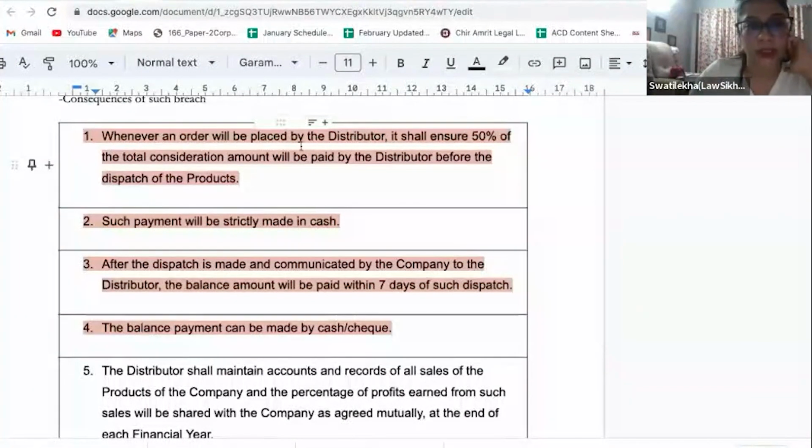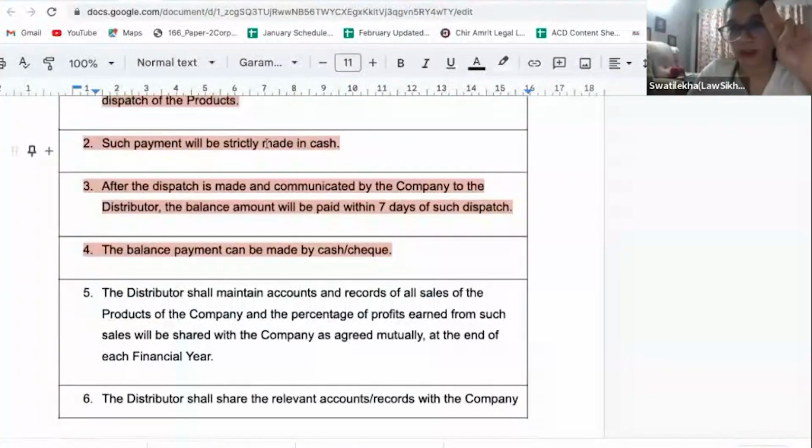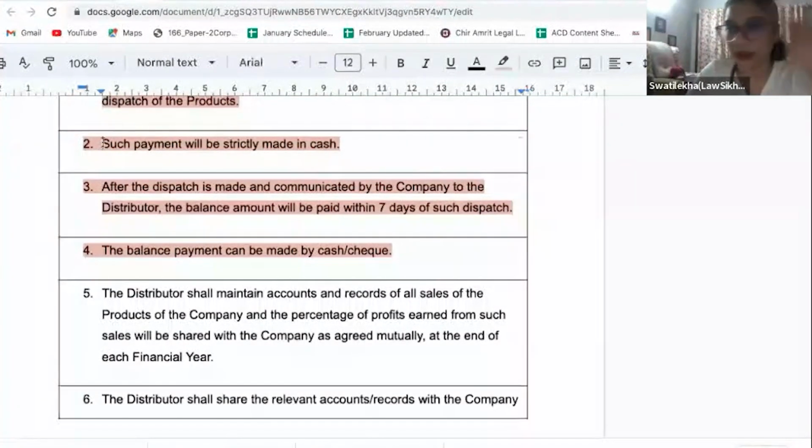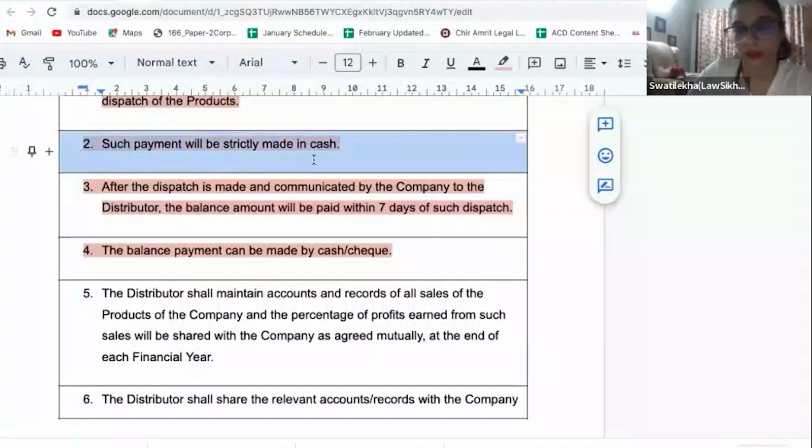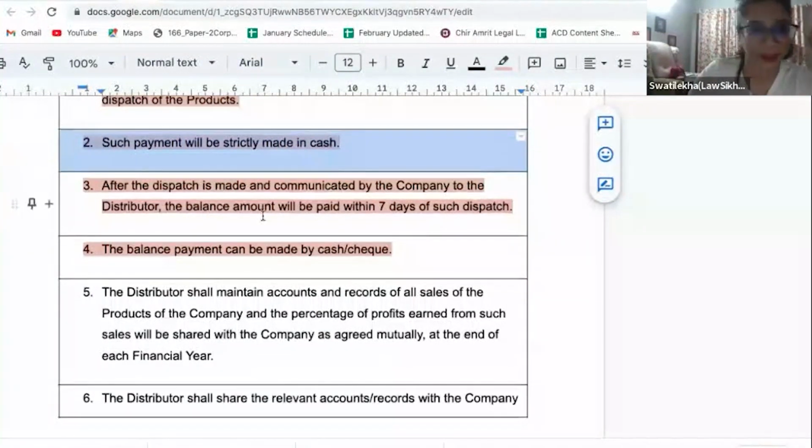First point: when an order is placed by the distributor, 50% will be paid as advance amount. Second: payment will be strictly made in cash. This practically doesn't happen, it means a black money transaction, but this is a hypothetical scenario, I can use whatever I want.